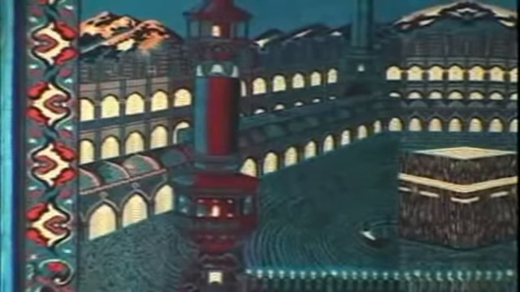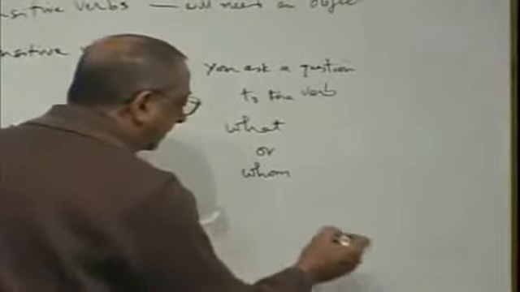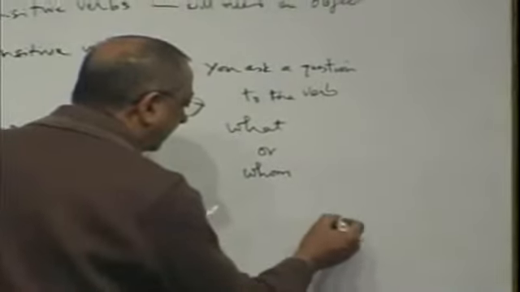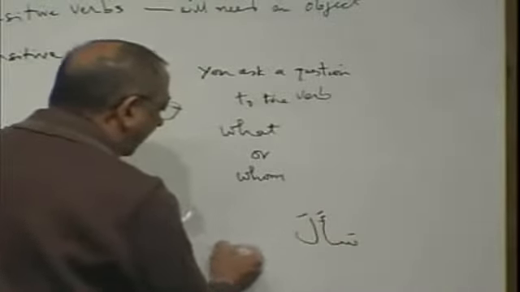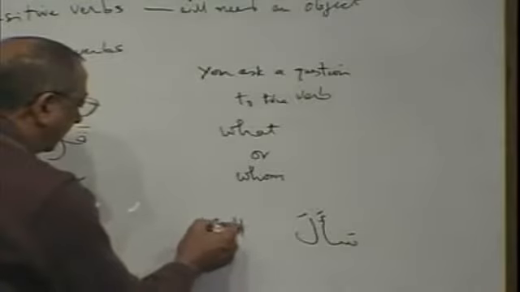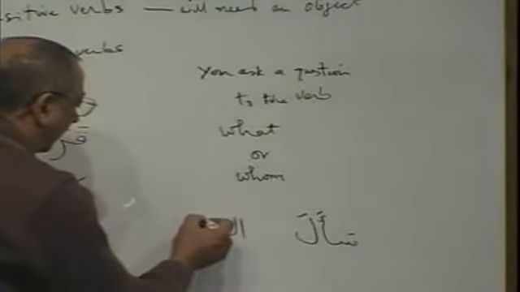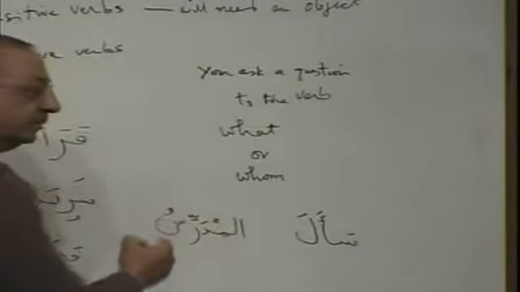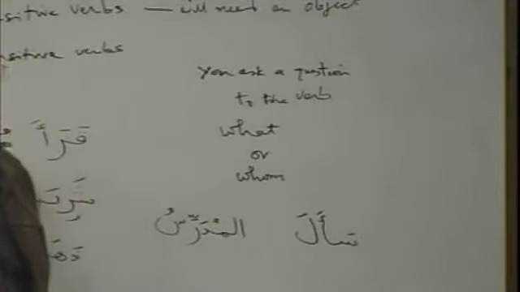Okay, brothers and sisters? So these are some of the examples that I gave you. Now I write down one verb, brother, and then we are going to conjugate them, inshallah. Sa'ala al-mudarrisu. What is it?